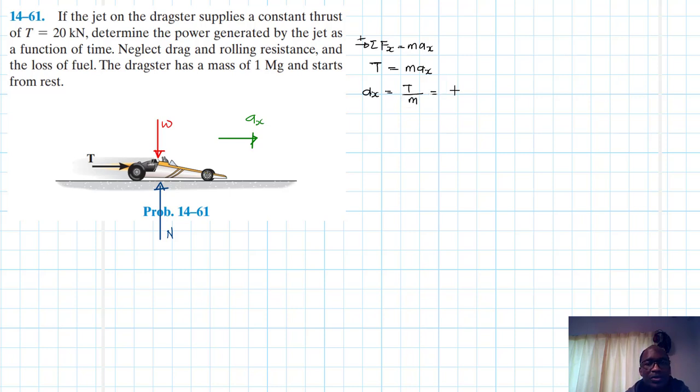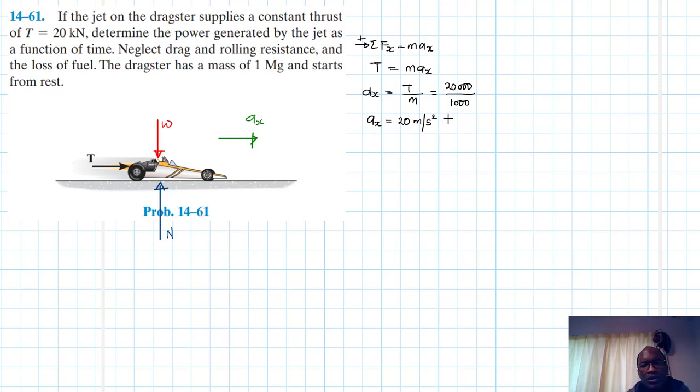Our T is 20,000 N, divided by m, which is 1,000 kg. Therefore a_x is equal to 20 meters per second squared.